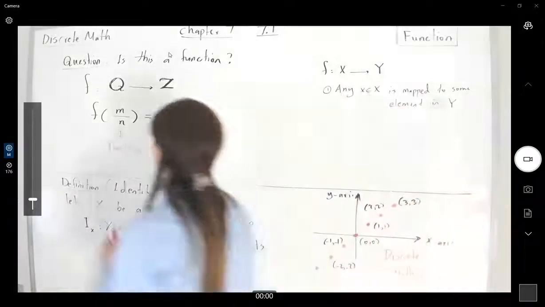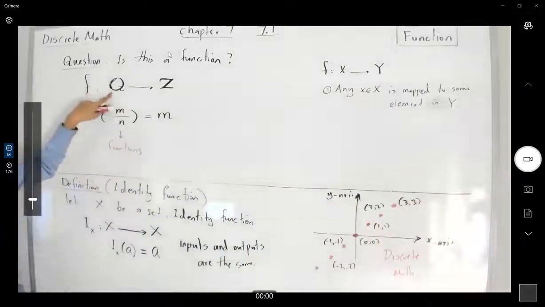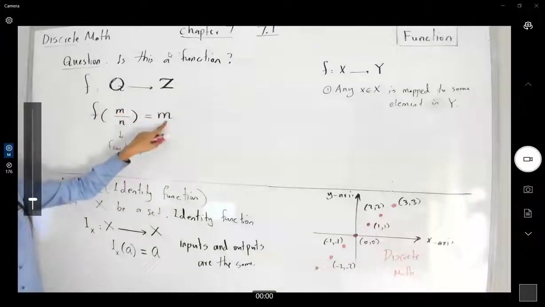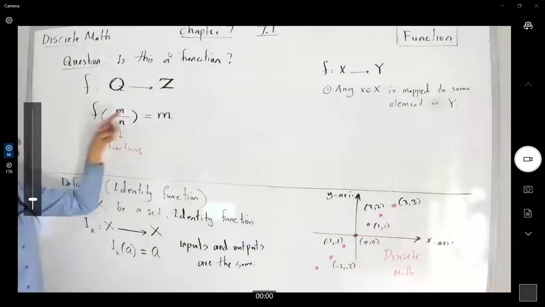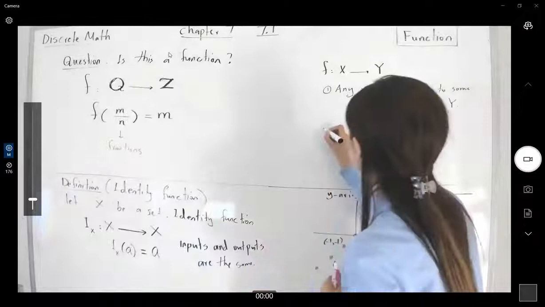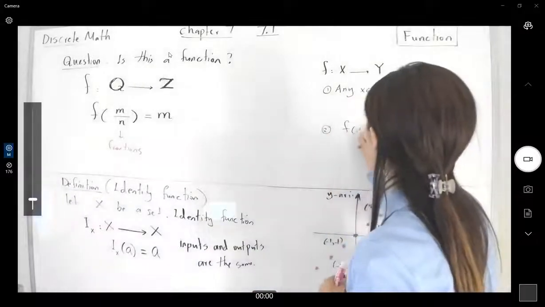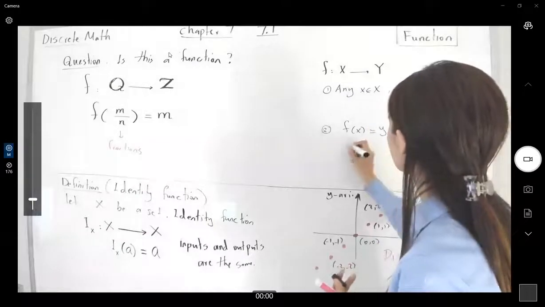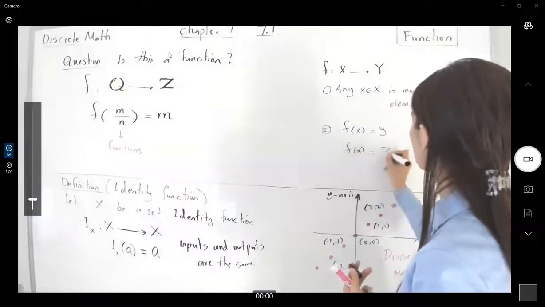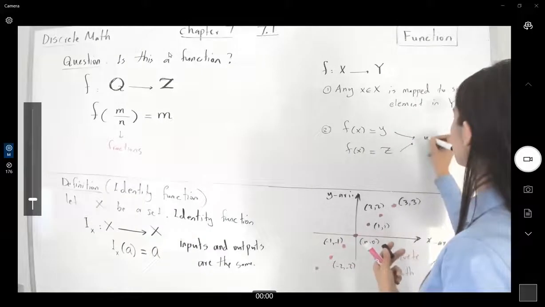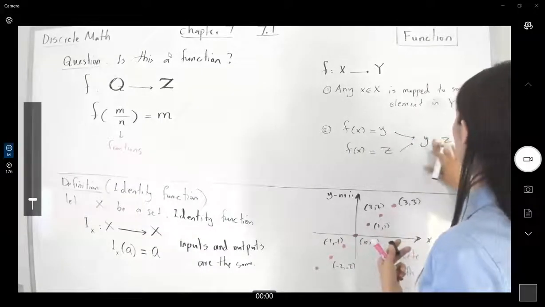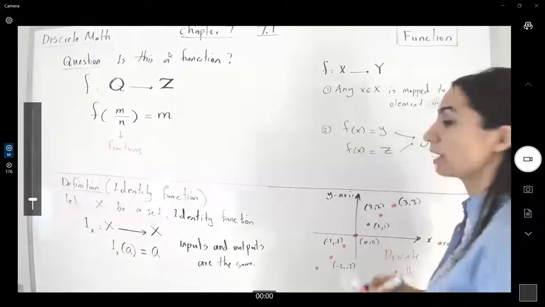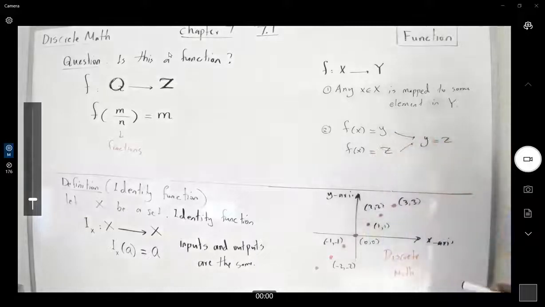It says elements in Q, fractions, are mapped to integers like m. The second condition says, if f(x) is equal to y and f(x) is equal to z, then for sure you can conclude that y and z are the same. It means that it passes the vertical line test.